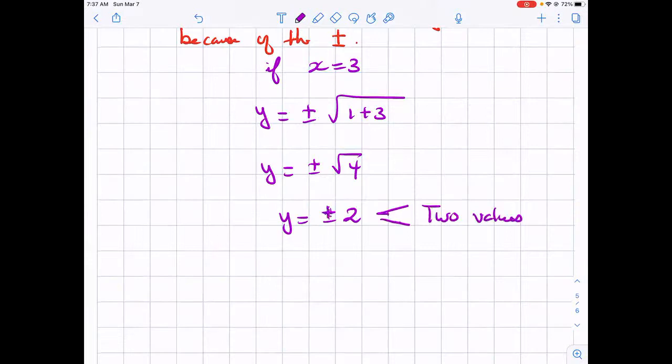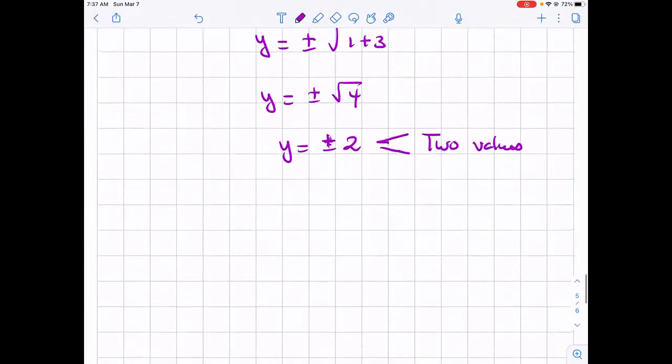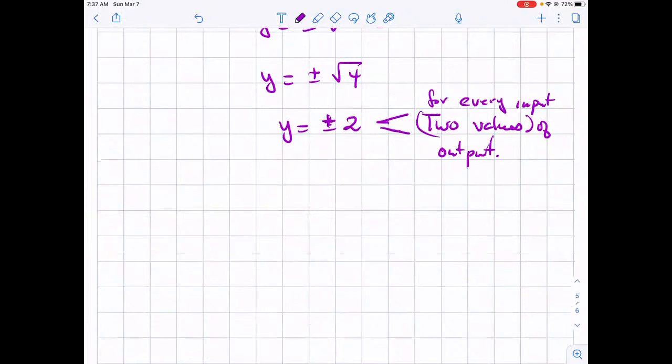For every input, we get 2 values of output, 2 exact values, and because we have 2 values for an input, it's not a function. Okay, so this is not a function.